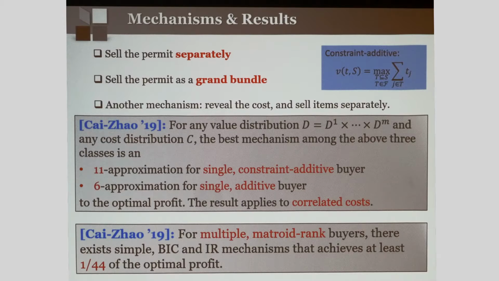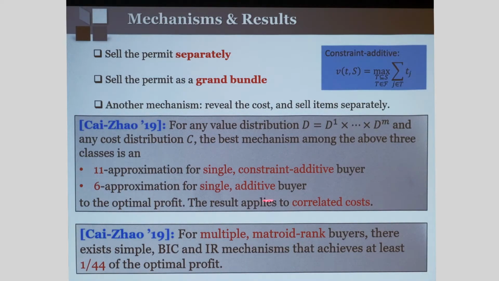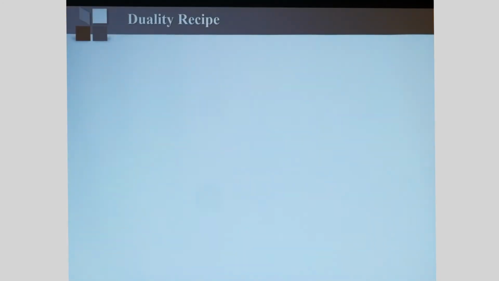Okay. Constrained additive, yes, we will have a downward closed constraint on the buyer's valuation. Okay, so for now, let's focus on the single buyer case and see how we prove it.